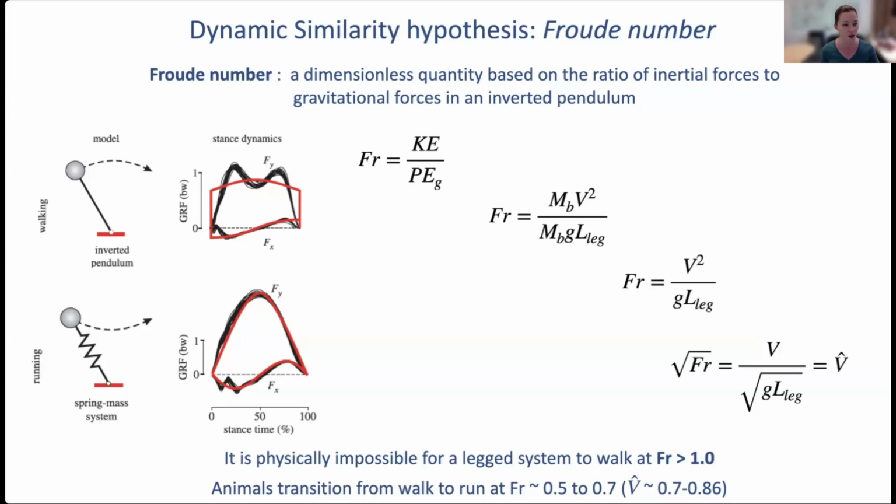So as speed increases and approaches Froude numbers of 1, an inverted pendulum system naturally would fly off the ground unless there's some actual anchor to keep it on the ground. That would require an additional force.